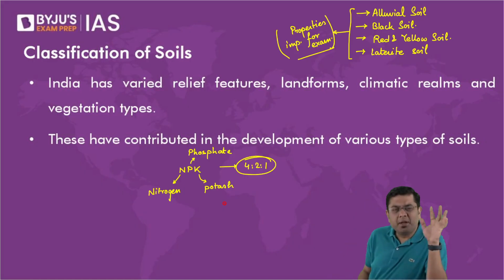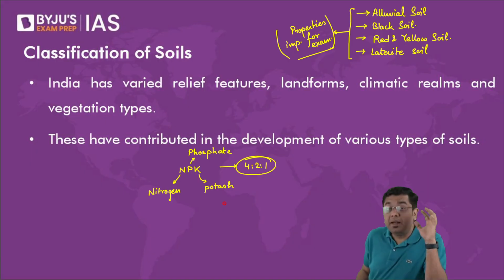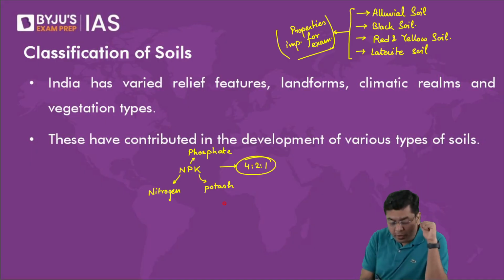So when there is very easy availability of urea, people start applying it in large amounts. For example, in Punjab you will come across a scenario where the application of NPK is in the ratio of 36:8:1.